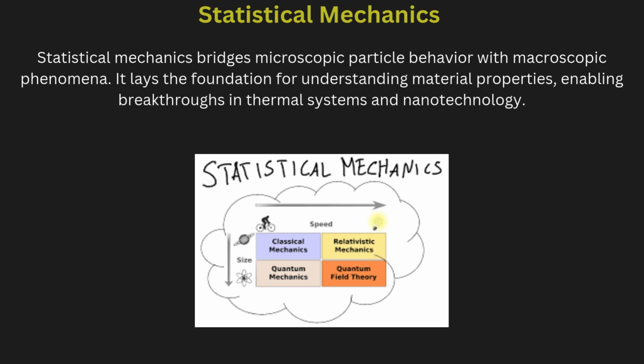The study of these distributions enables the prediction of thermal and electrical properties of materials. Statistical mechanics is indispensable in fields like materials science, where understanding particle interactions leads to innovation in technology and the engineering domain.